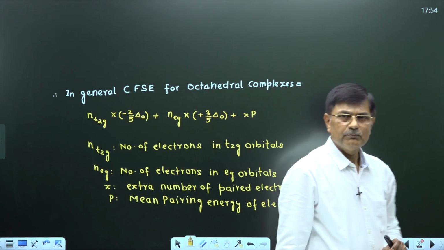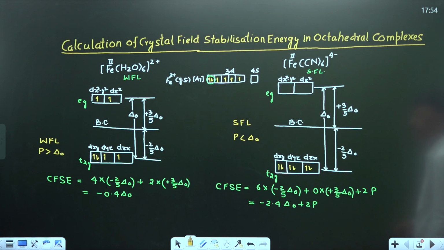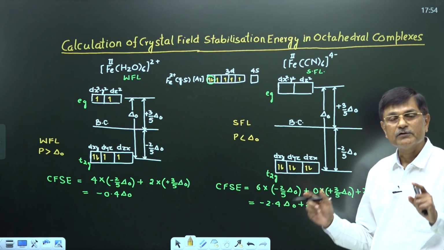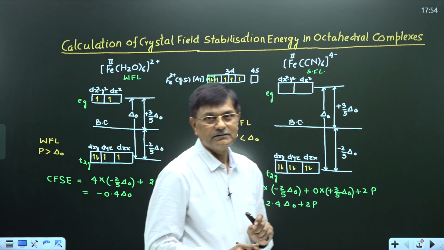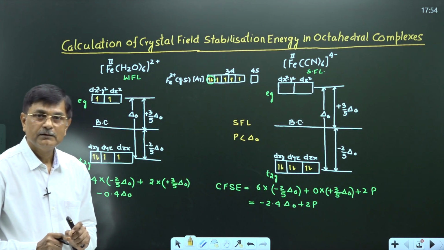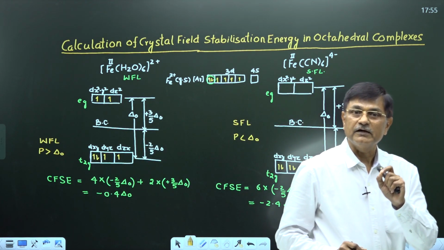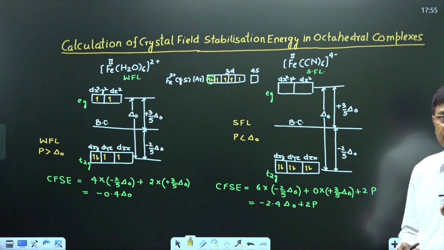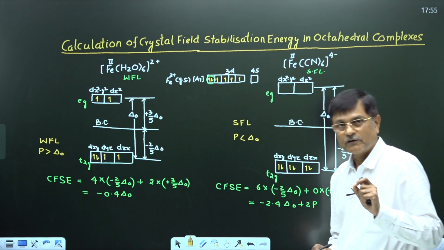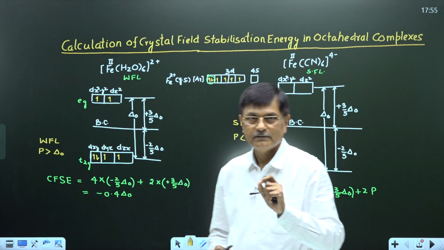So students, one more thing. Number of electrons will always be higher in T2g orbitals, and therefore CFSE will always have negative sign if number of electrons are less than 10.